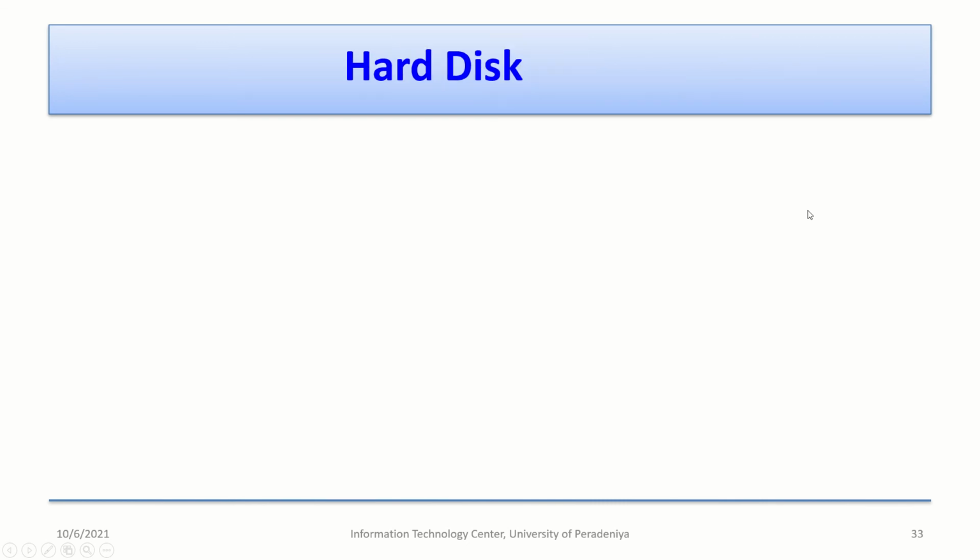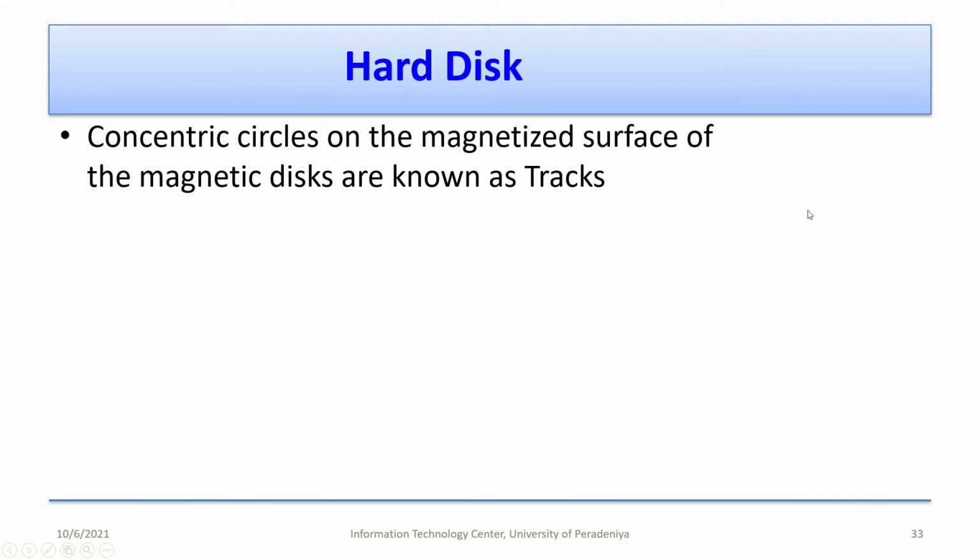Next one is the hard disk. You know the hard disk, the main storage in our computer. Here there are circles on the magnetized surface. The magnetic disk rings are known as tracks.